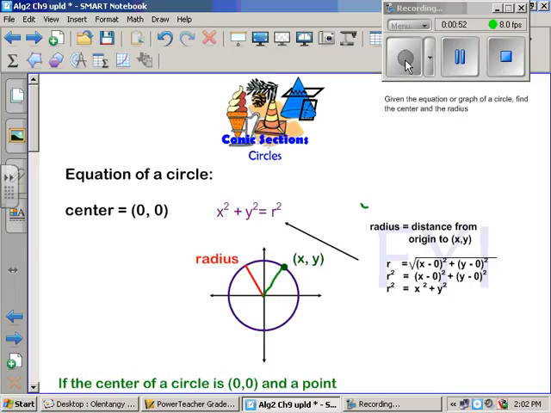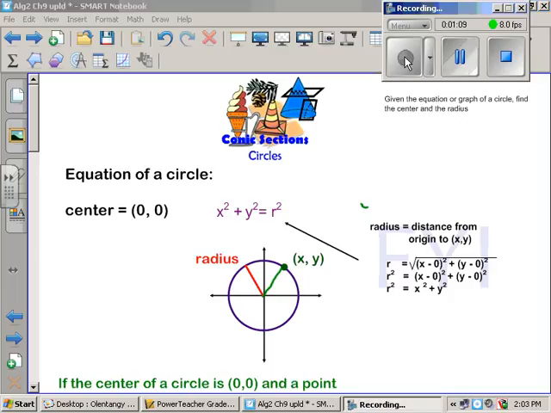Then you get rid of the square root sign by squaring both sides. So you get r squared is equal to (x minus 0) squared plus (y minus 0) squared. And subtracting 0 doesn't do anything, so you basically get r squared equals x squared plus y squared.